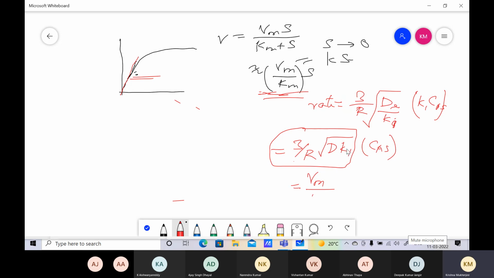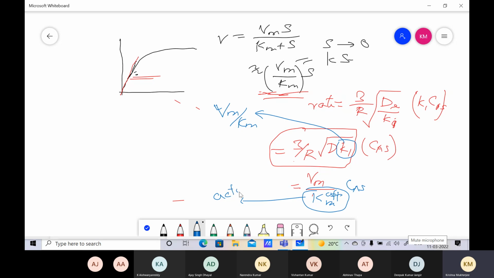This K1 here represents, I hope you're following the argument, the true Vmax upon Km. This is not Km, but this is equal to Vm by Km apparent into CAS, where this is the measured value. I should not say actual, I should say measured. And this is the true Km.